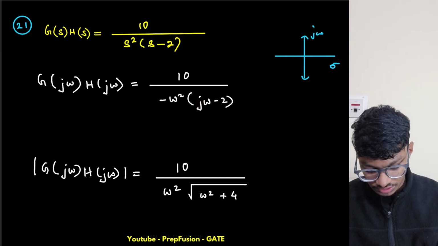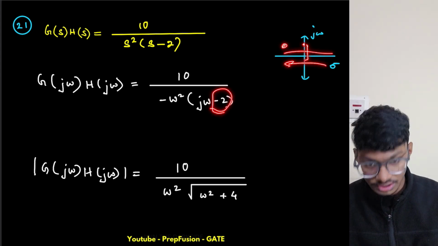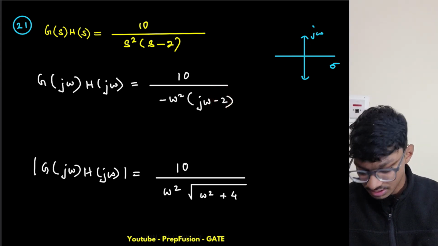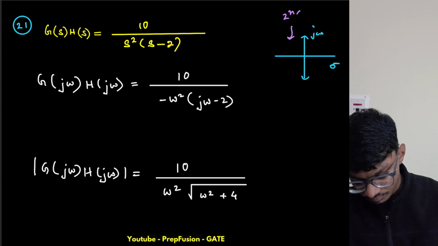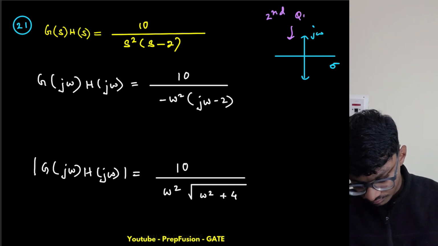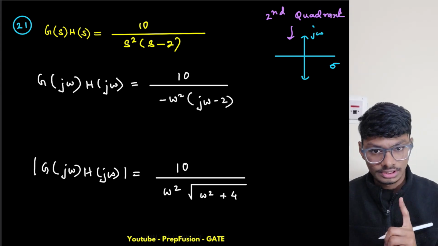So omega is always positive, so it is lying somewhere in the upper half, and this is minus 2, so in the negative side of the real axis. So this is lying here, right? Which quadrant is this? This is the second quadrant, right?